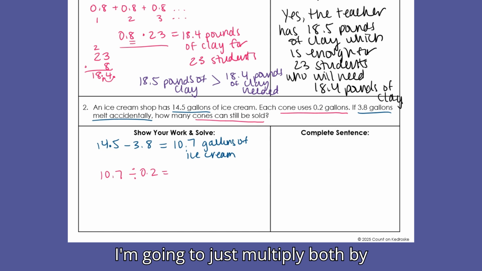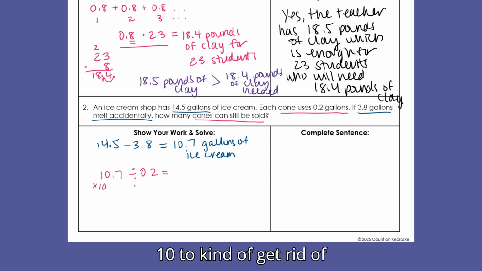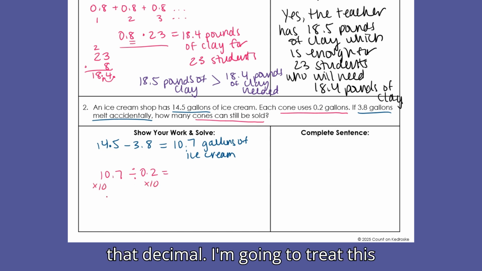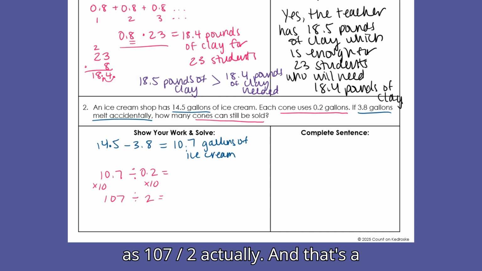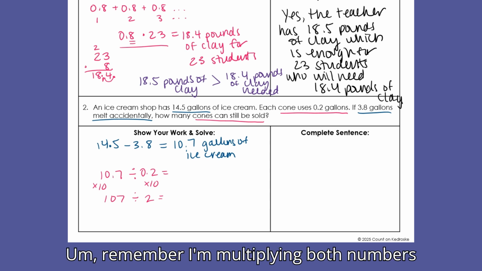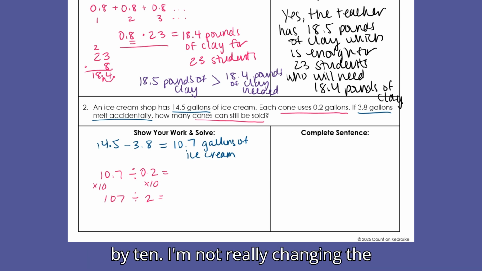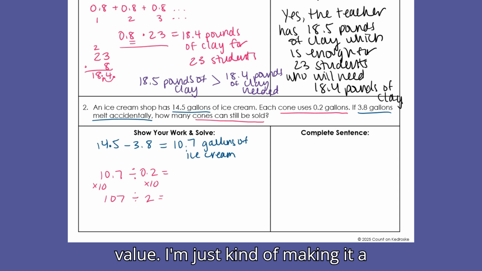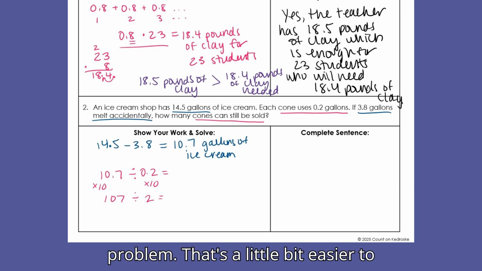For me, I'm going to just multiply both by 10 to get rid of that decimal. And I'm going to treat this as 107 divided by 2, actually. And that's a lot easier number for me to work with. Remember, I'm multiplying both numbers by 10. I'm not really changing the value. I'm just making it a problem that's a little bit easier to work with.